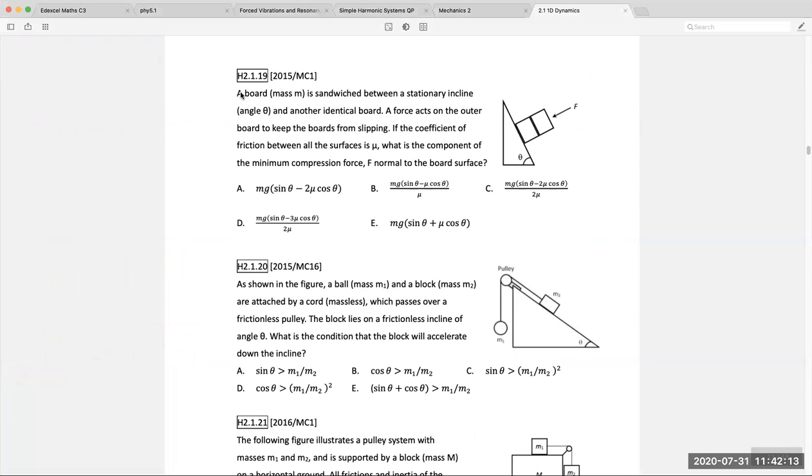So let's have a look at this question, this one. Did we talk about this question?